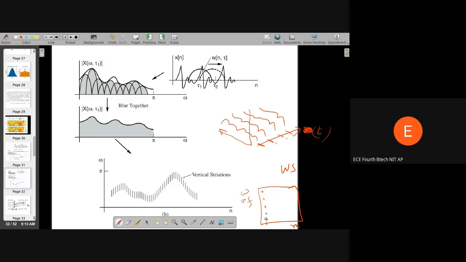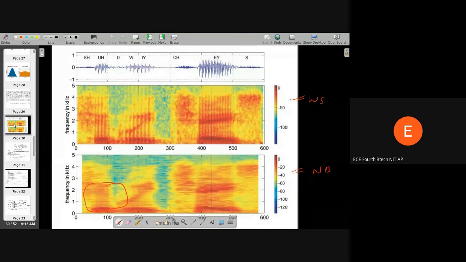You put those values in matrix form and represent them in a heat map, color code, or even grayscale. That's when you get a spectrogram. It's a very important visual tool. We discussed all this.